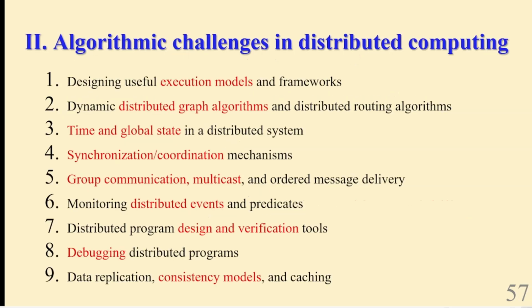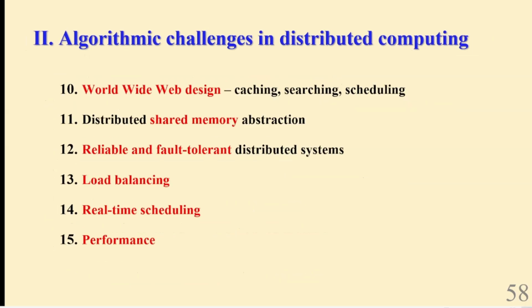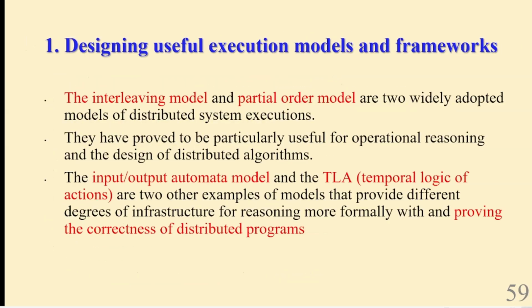Next, we are moving to algorithmic challenges in distributed computing. The first one is execution models, then distributed graph algorithms and so on. Execution models means designing models that describe how distributed programs execute. It can be a synchronous model or an asynchronous model.